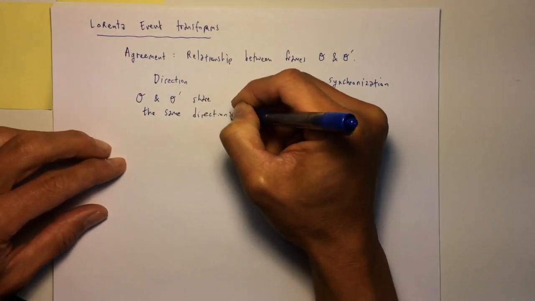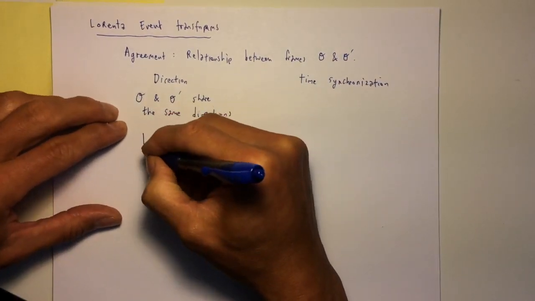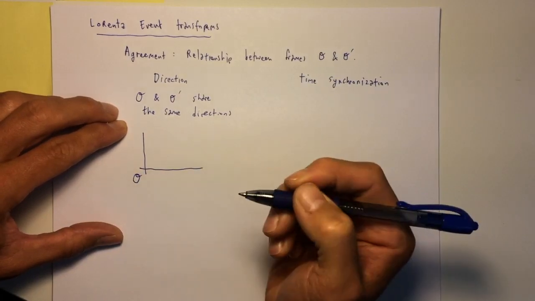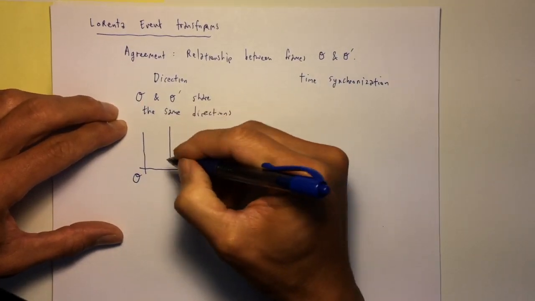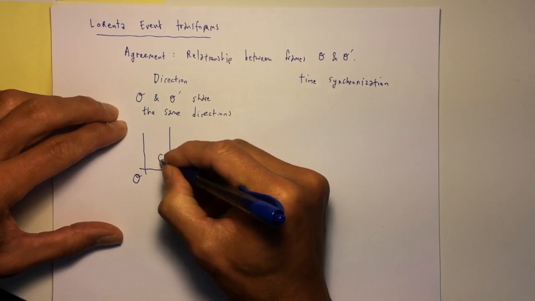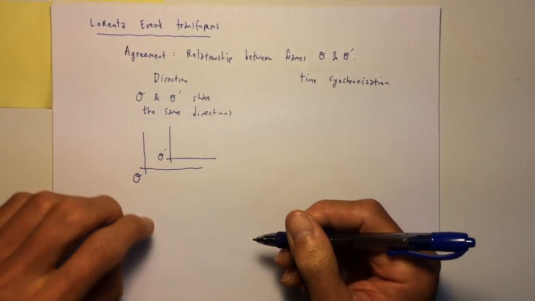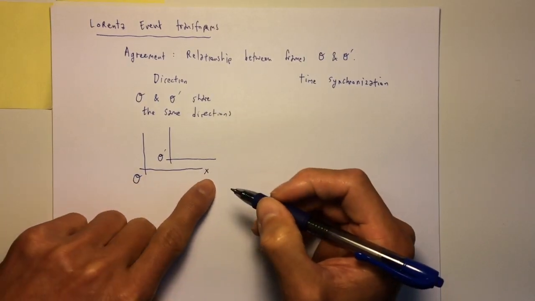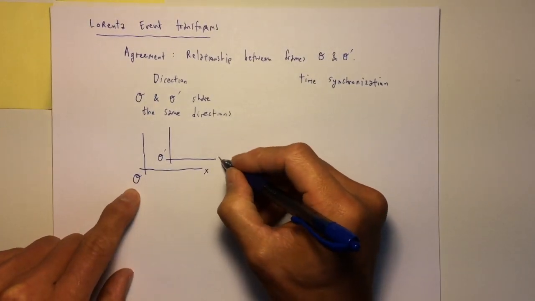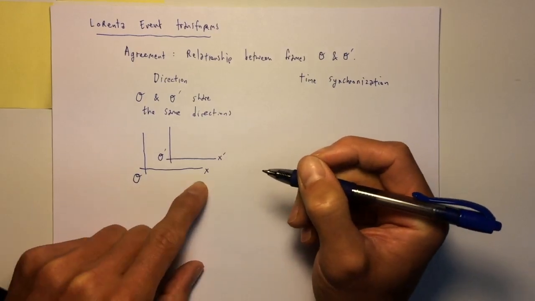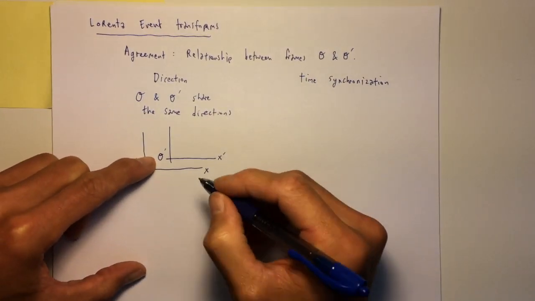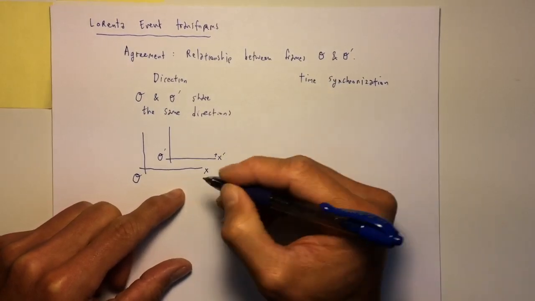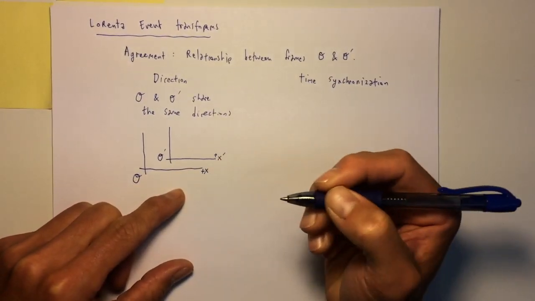So what that would look like is, for example, here is the frame O, and here is the frame O prime. And if this axis here is the x-axis of O, this axis here is the x prime axis of O prime. And not only that, but it is the positive x prime, and this is the positive x-axis.